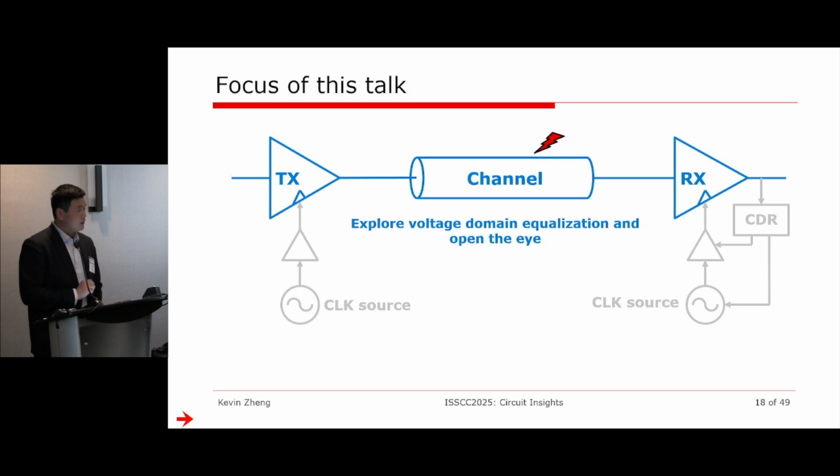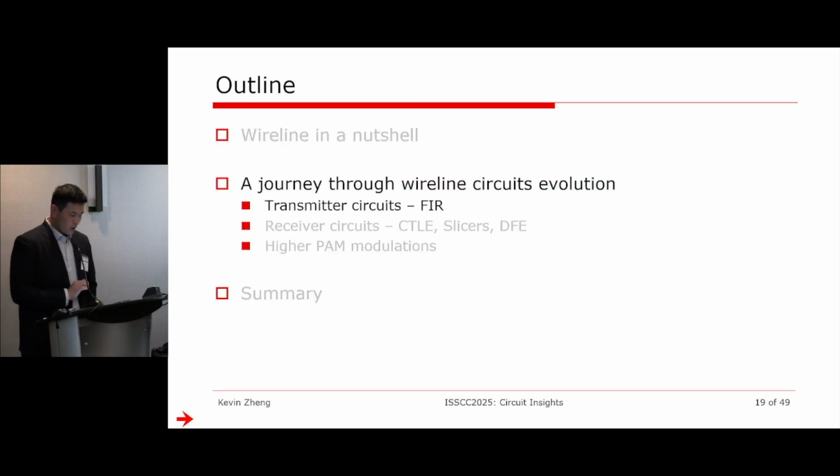But like I said before, due to interest of time, today we're just going to focus on the voltage domain and try to open the eye. But I do want to drive that clocking picture home, which hopefully you will encounter in the future as well. With that said, that's a higher level summary of what wireline links are about, and we're going to dive deep into some of the equalization principles and circuits for it now, starting with the transmitter.